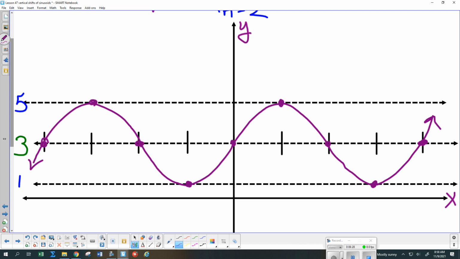Now, the book does this when I don't want you to do it. If you didn't have room to draw the x-axis, then you could do a little arrow that goes to the right and label it that the horizontal variable is x. The book does that too often. I want you to draw the axis in when it makes sense to draw it in. Does that make sense to everybody?